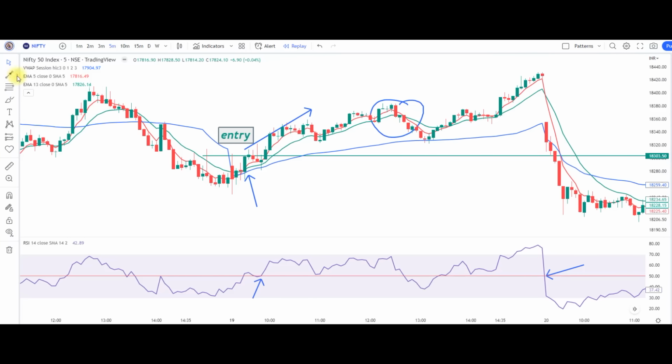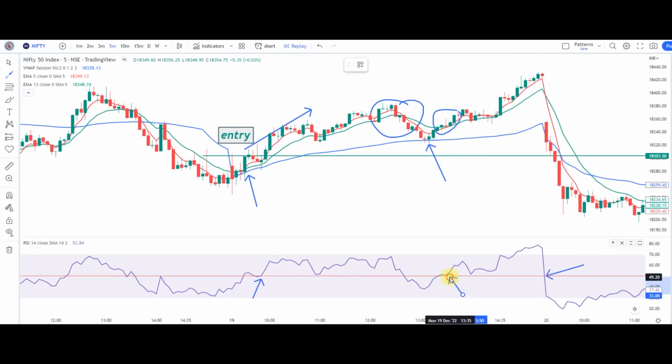Now, if you see here, price retraced to VWAP and we got a doji along with the spinning top. This is a doji candle and this is a spinning top candle. These are the reversal candlestick patterns, and after that we got a bullish crossover. We got a bullish crossover in EMA and RSI also above 50 here.